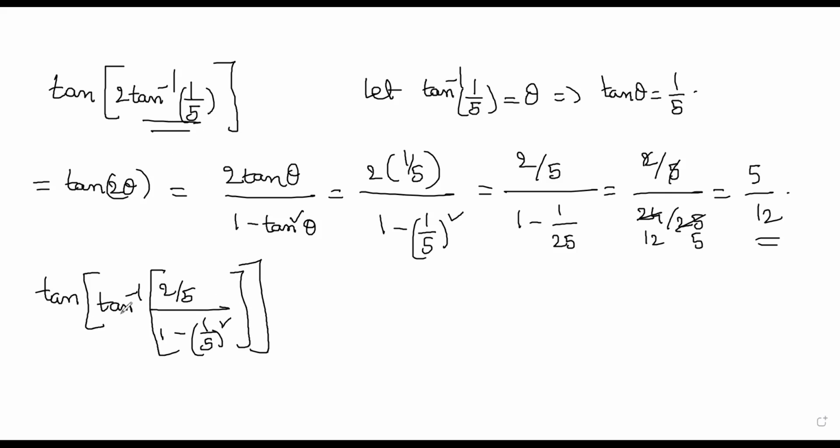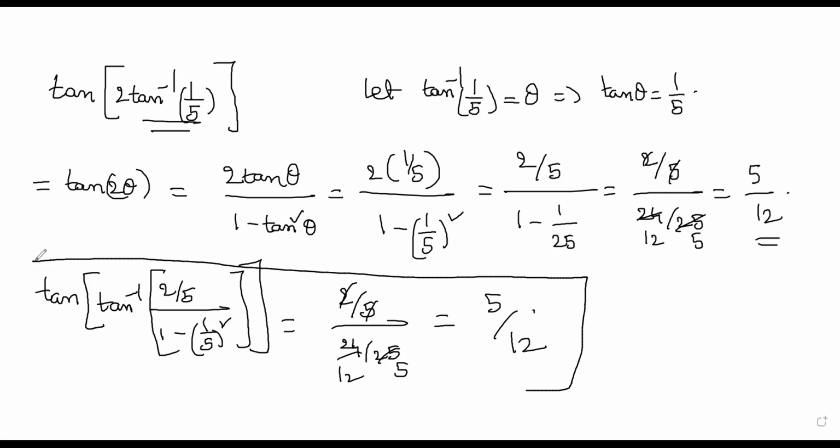Ultimately tan and tan inverse will cancel out, so we'll end up with 2 by 5 divided by 24 by 25. Anyway, you will end up with the same answer, 5 by 12. The steps will help you understand the problem more, but this is also okay. You can do it like this also.